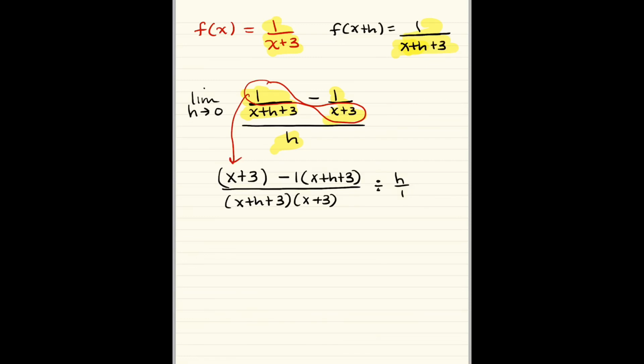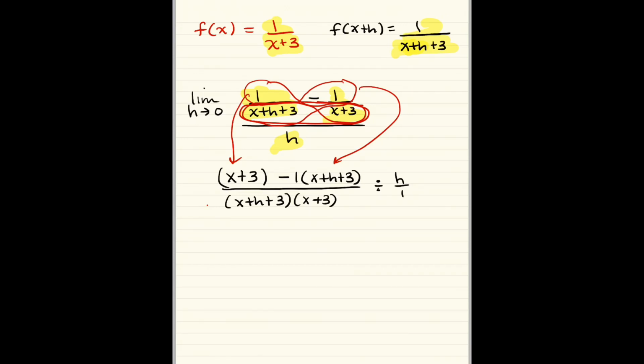Put that there, right? 1 times x plus 3 is itself. Negative 1 times x plus h plus 3. Put that there. And then, finally, this guy right here, you put them side by side here. That's my crisscross tomato sauce. And then divided by this h.